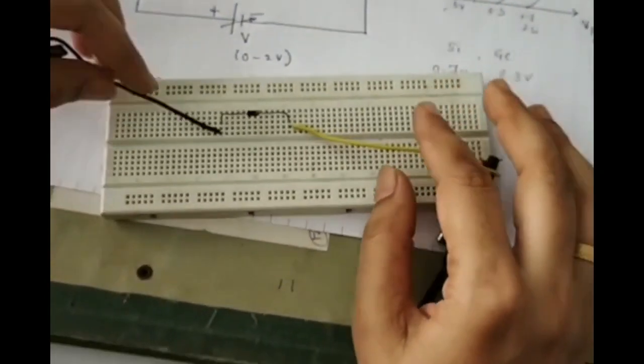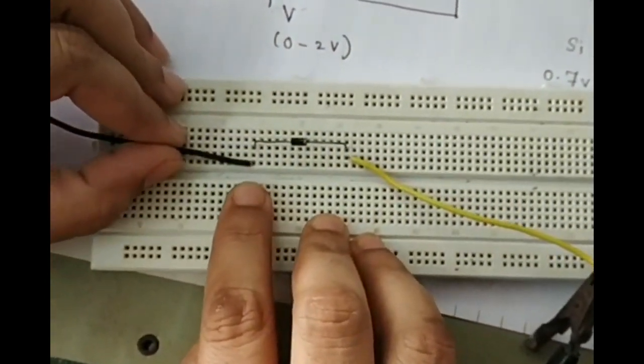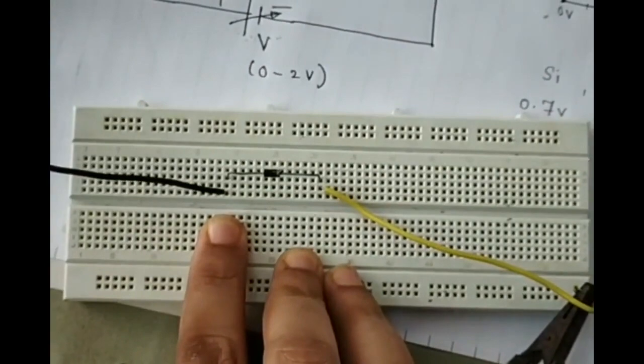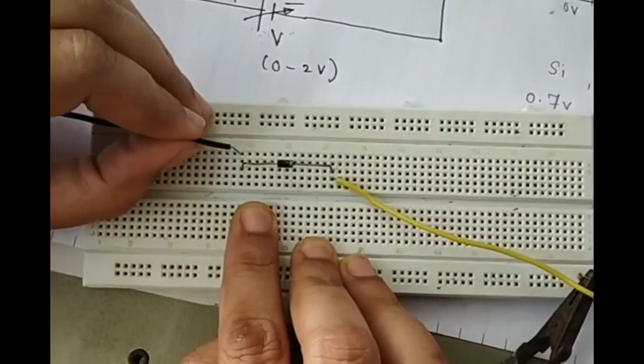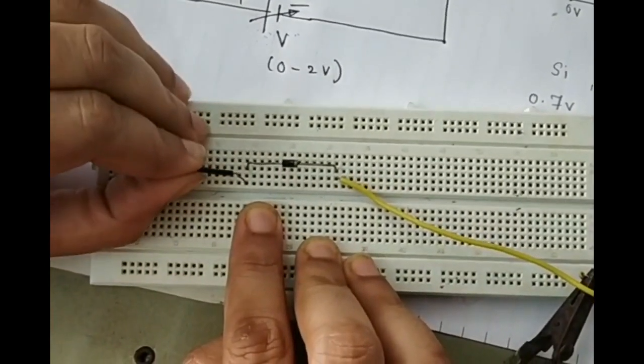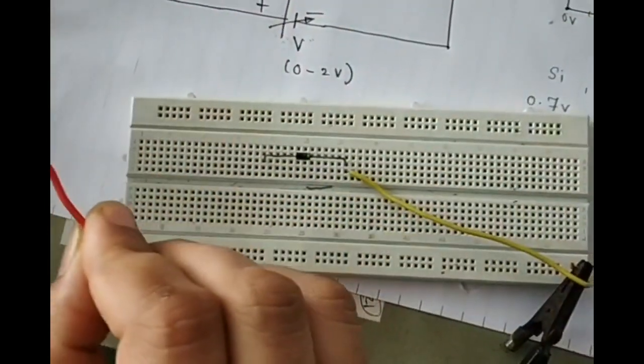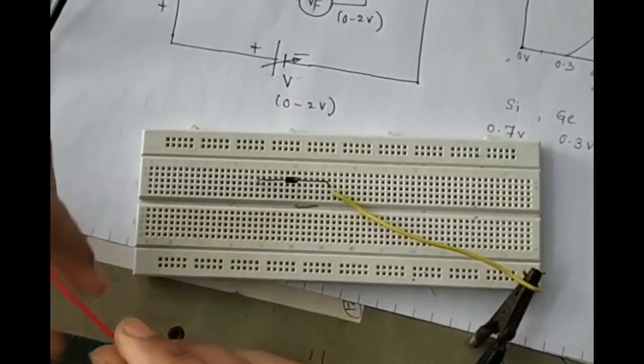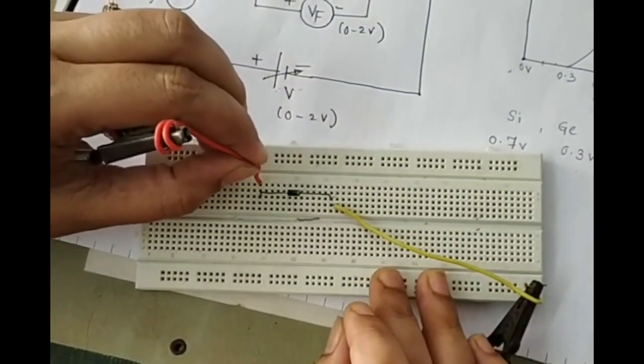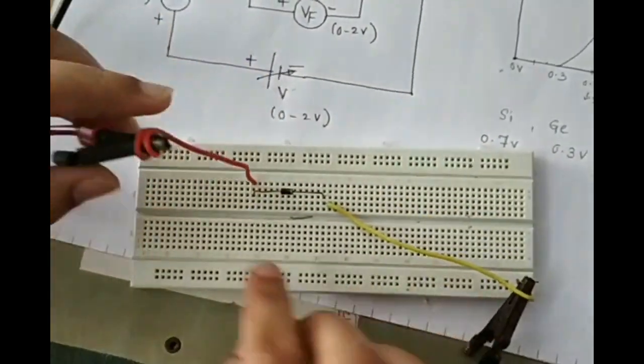Okay, now see here, I have connected this positive terminal to the anode on this particular row, vertical line. So this particular vertical line is to connect the wire for that particular connection.